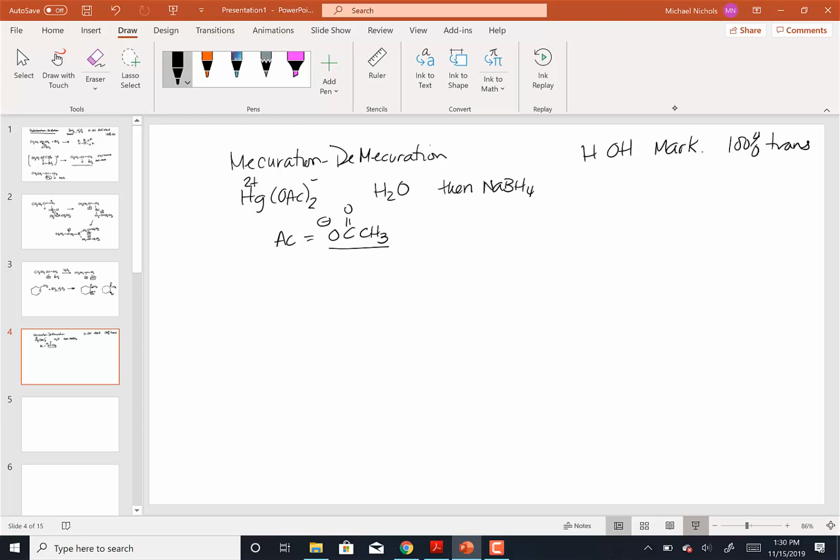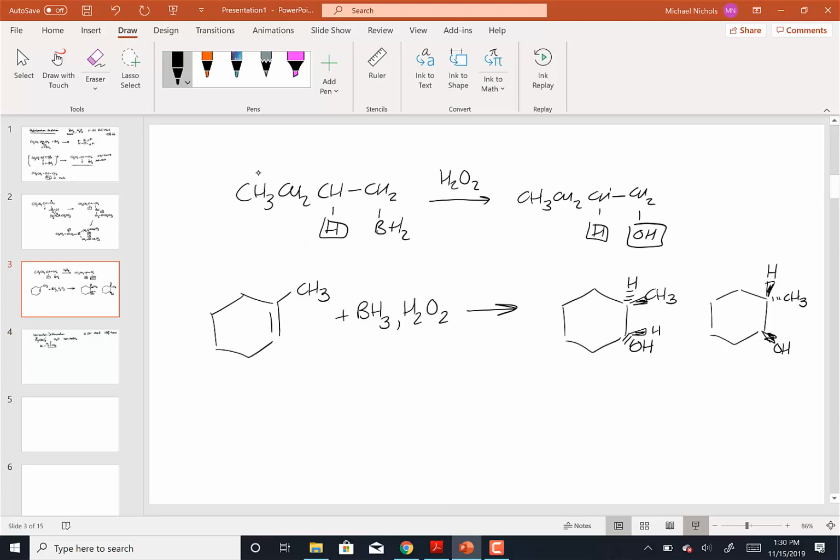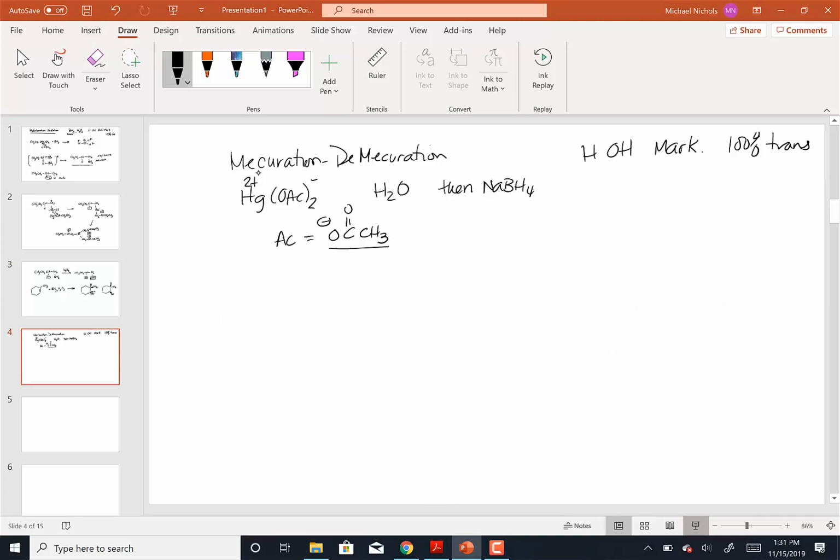This reaction, quite honestly, is not something that we might do in an academic lab. We would never do this in a pharmaceutical. Mercury is a neurotoxin, and yeah, there's a whole debate about mercury in vaccines.